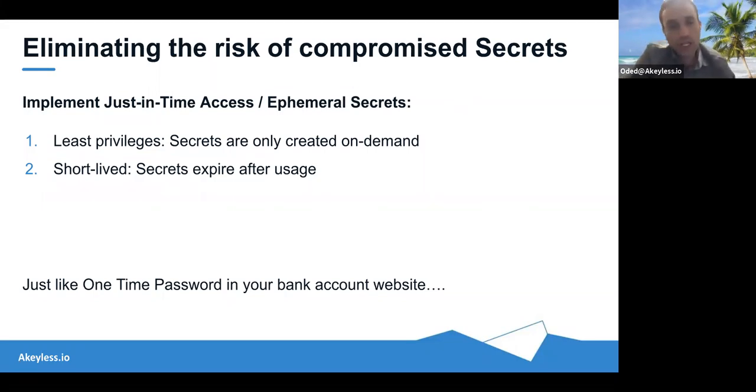So how does it work? Imagine that the container goes up and then it asks for secrets for the database, a password to the database or a password for whatever resource that they wish to access. Now, instead of getting a static secret, the container would ask for a dynamic secret, a just-in-time secret. And this is where the secret management system would create a credential on demand, would actually create an account on the database right as the container goes up.